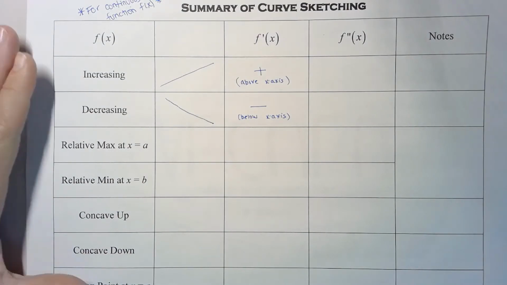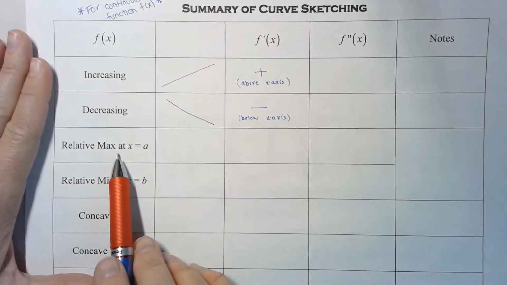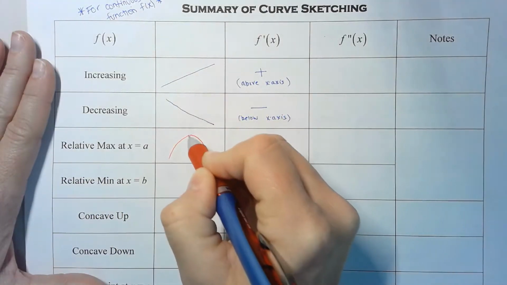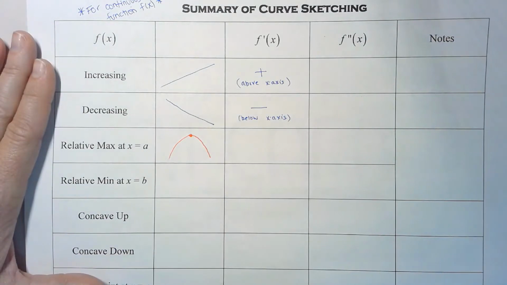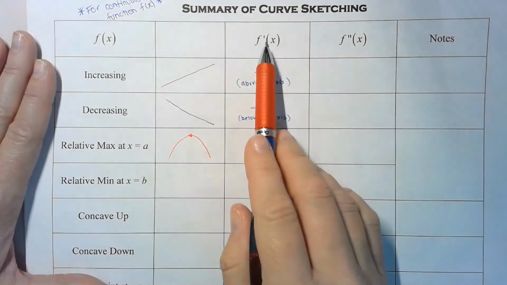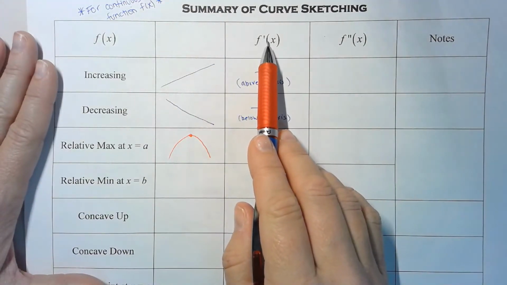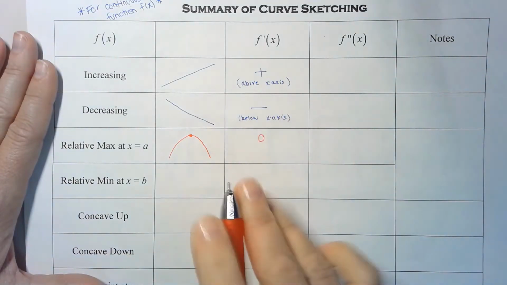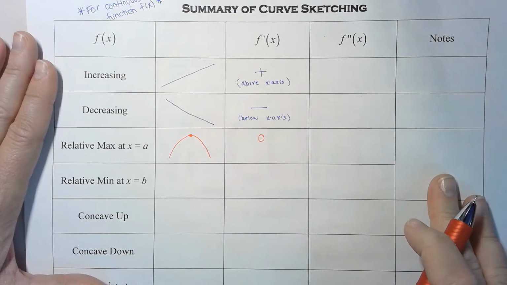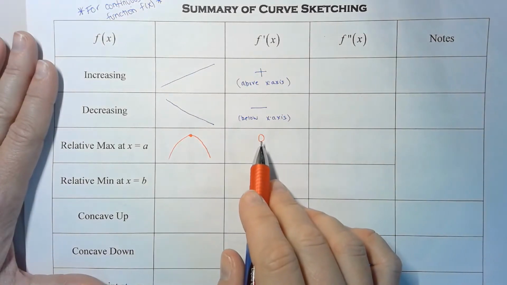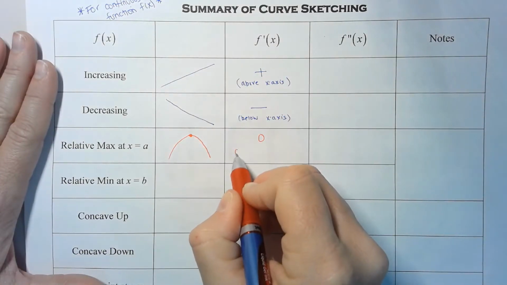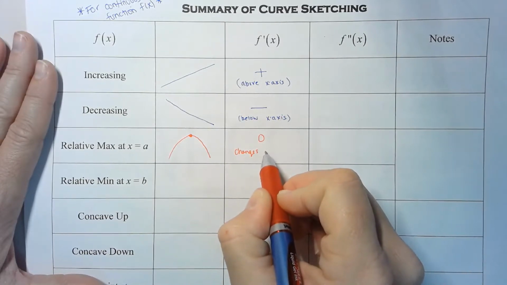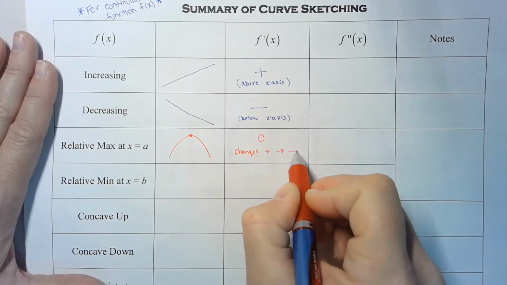If our graph has a relative max at x equals a, the graph is going up and then going down. We all know what a maximum looks like. The first derivative is equal to 0, but we also want to note that the first derivative changes from positive to negative.